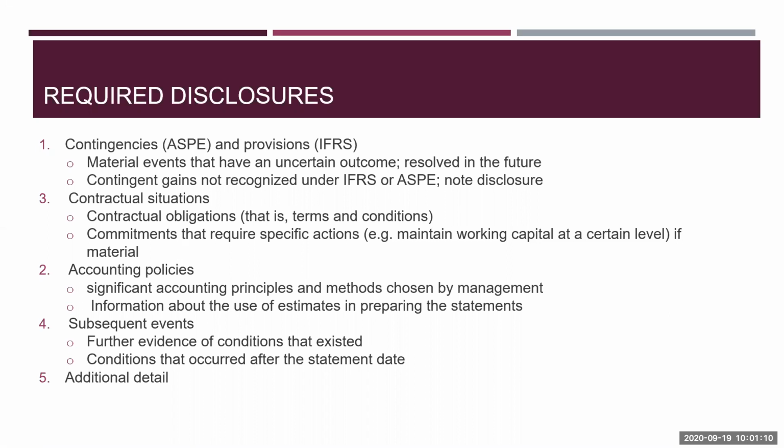For example, if the bank requires the business to maintain a certain level of working capital, the working capital is your current asset minus current liability. So if the business is required by the bank to maintain a certain level of working capital, then it has to be disclosed in the notes to your financial statements.